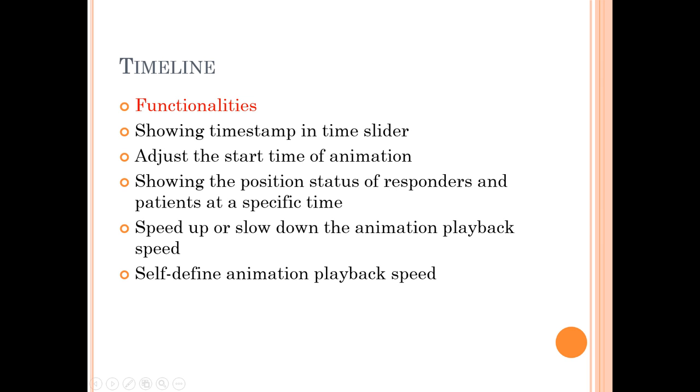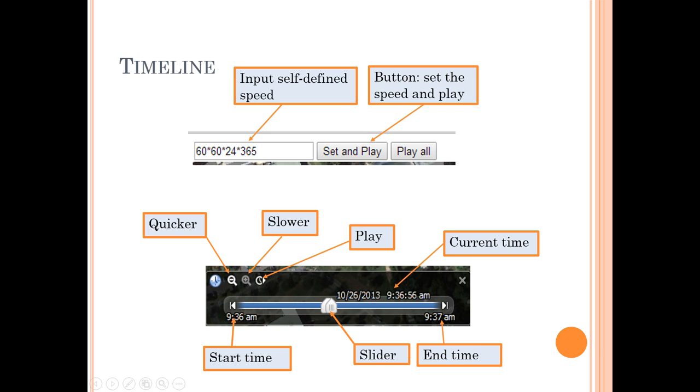And the third function is to show the position status of responder and patients at a specific time. For example, if you put a slider at this time and you don't click the play button, the position of responders and patients will be displayed in the Google Earth for this specific time.